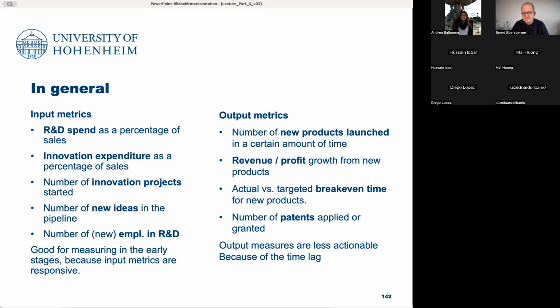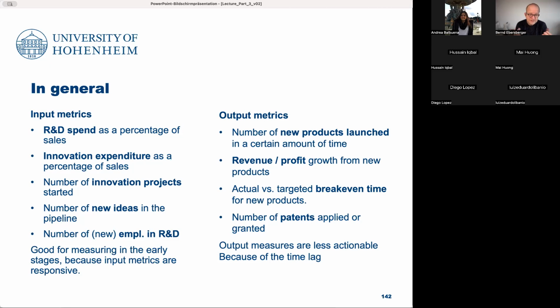Okay. The next input metric would be innovation expenditure as a percentage of sales. We have once said that R&D is a little bit more narrow than innovation expenditure. Innovation expenditure also includes the marketing expenditure for bringing new products to the market, includes the purchase of machinery that you need to produce these products.